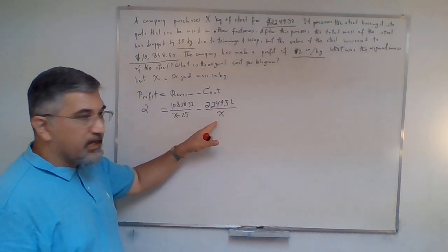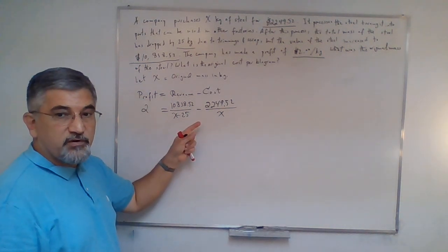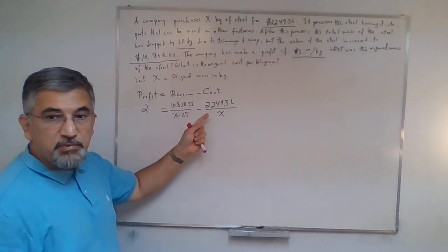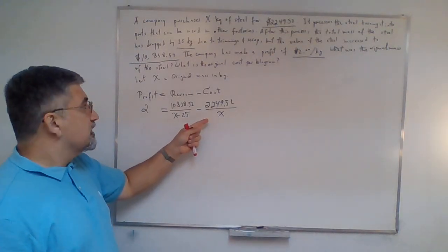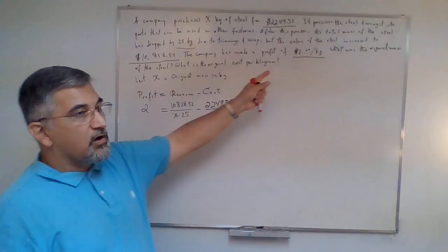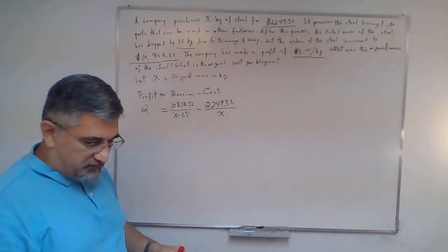And $2,249.52 over X was the cost per kilogram, because that's how much they paid to buy the steel, X kilograms of steel actually. And the profit was $2 per kilogram according to given information.